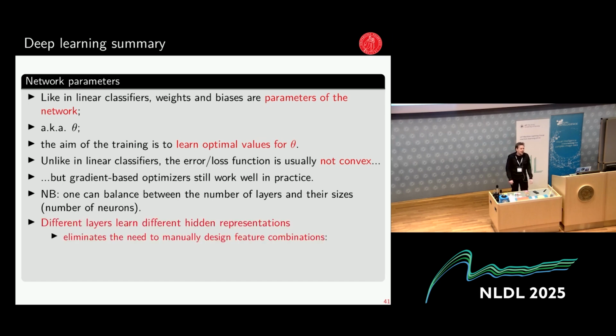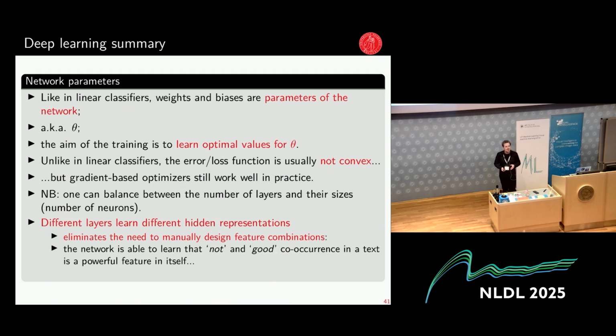Right? Yeah, and it has been shown a long time ago that different layers learn different hidden representations. And yeah, this sort of eliminates the need to manually design feature combinations. So in the past, like 15 years ago, people in natural language processing were really busy with manually designing features like if we have the words not and good in the sentence together, then it's probably a separate feature on its own, and it was all very time-consuming and not very efficient.